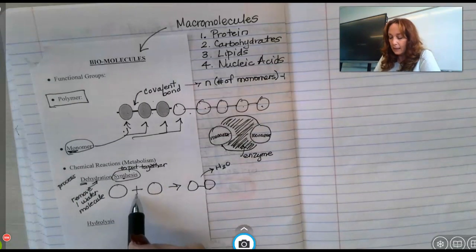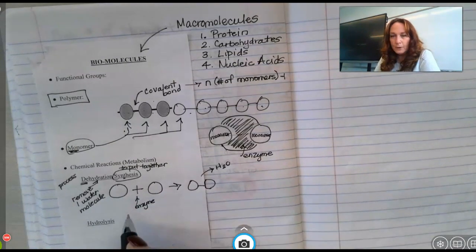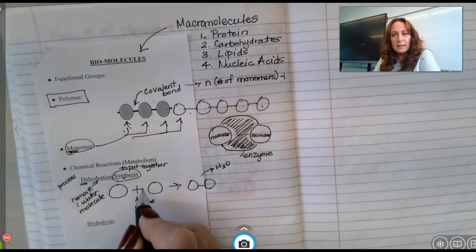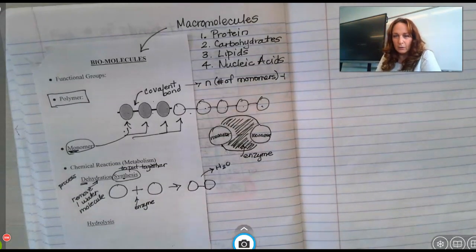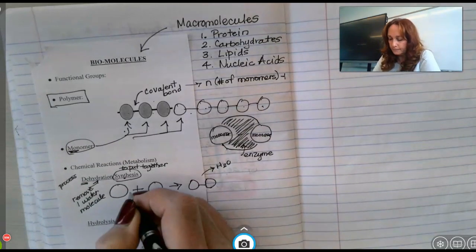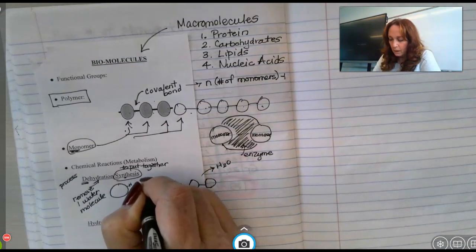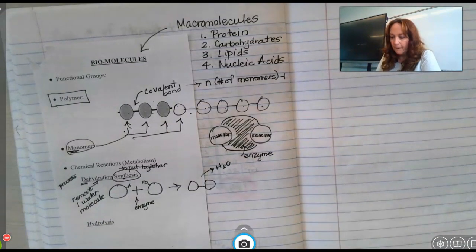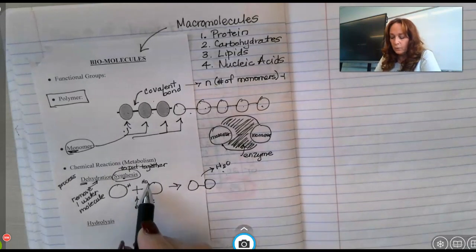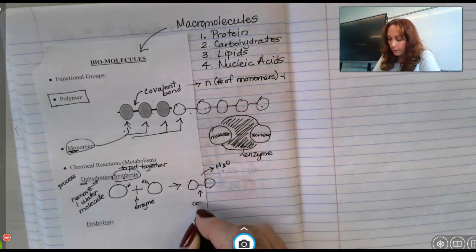And this enzyme can put those two together into water, and when it does that, it puts the monomers together. So it's going to take a hydrogen off of one and a hydroxyl off of the other. That together gives you water, and the removal of that provides this covalent bond.